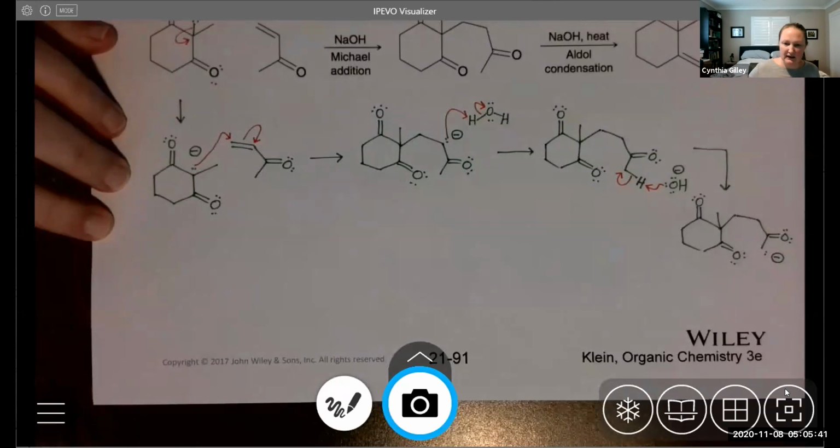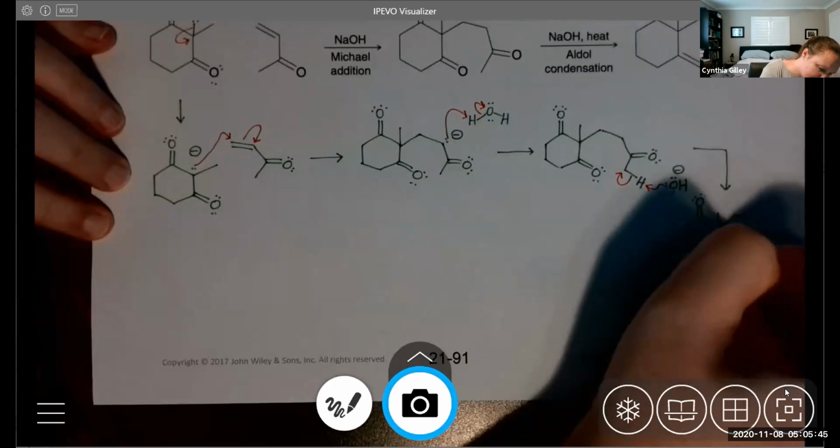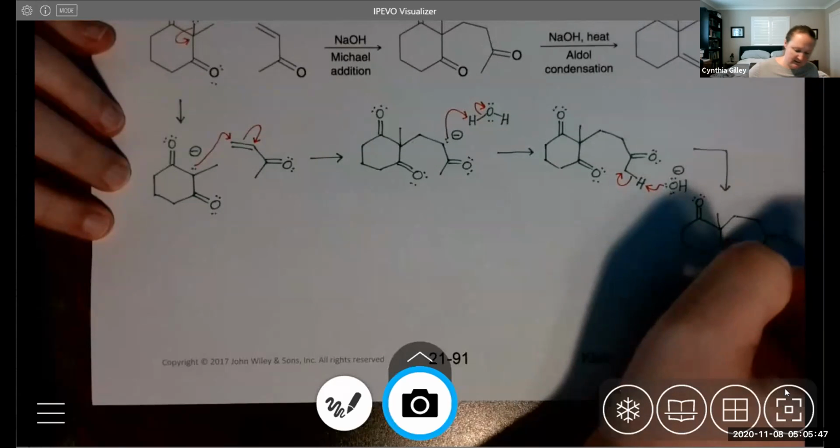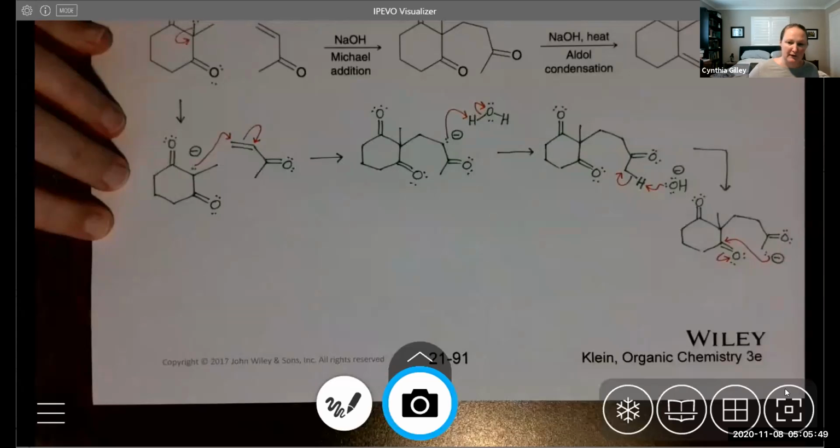We have the enolate, which now we can do a nucleophilic attack to form a 6-membered ring. Much more favorable than forming a 4-membered ring.